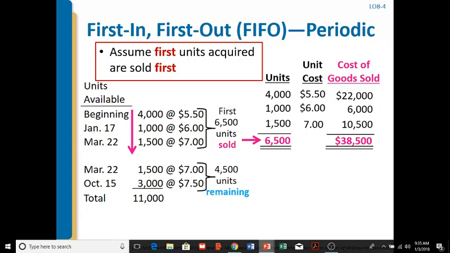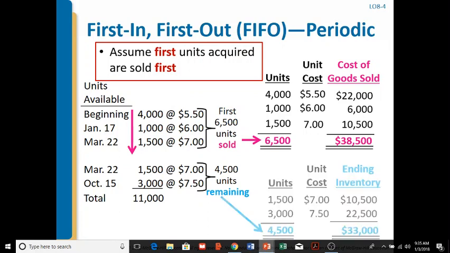So here's your cost of goods sold, and what remains is 4,500 units at 7 and 1,500 at 7 and 3,000 at 750. So ending inventory 33,000, cost of goods sold 38,500.